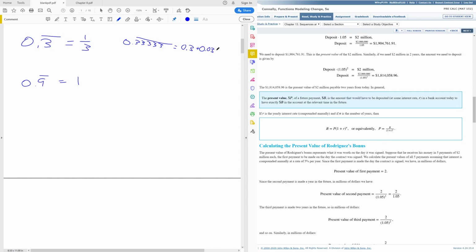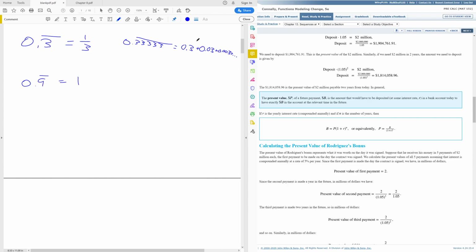And now I will add 0.003, and that'll get me to here, right? And you're going to see what I'm going to do here. I'm just going to continue that on forever. And that will give me this. Okay, so then what we have here is an infinite geometric series.